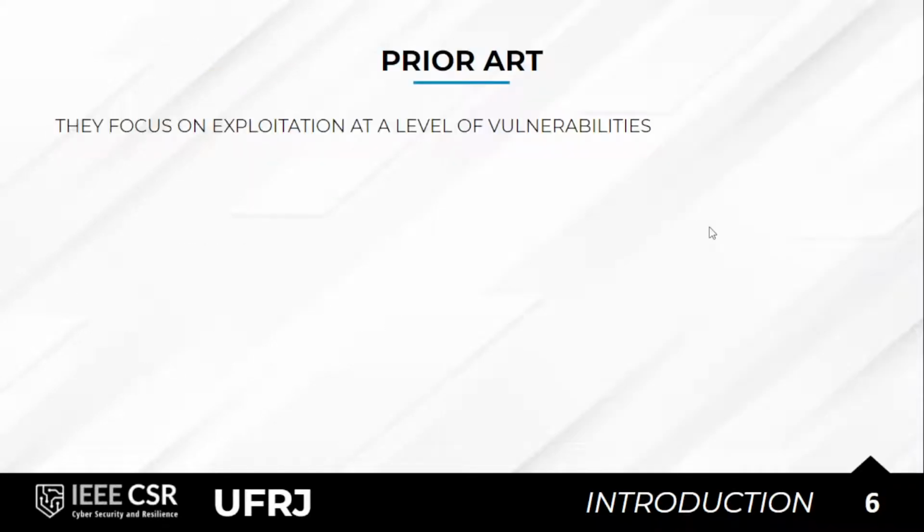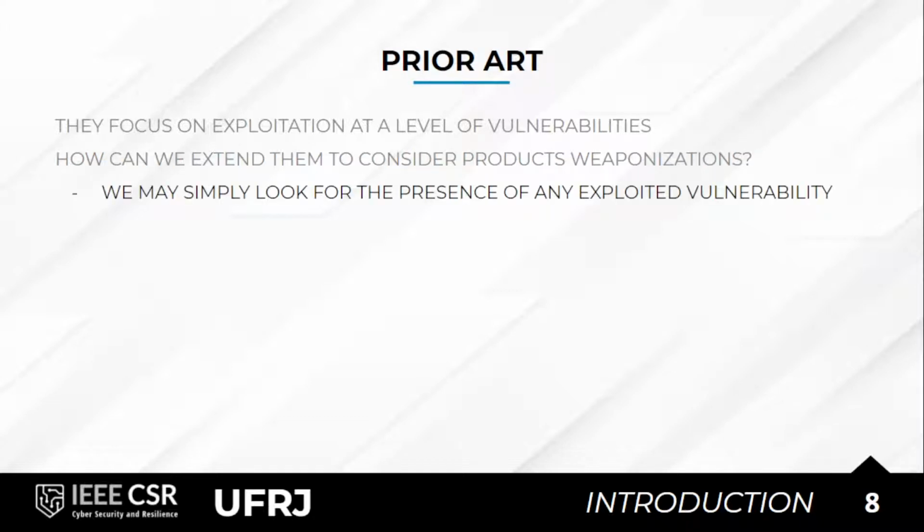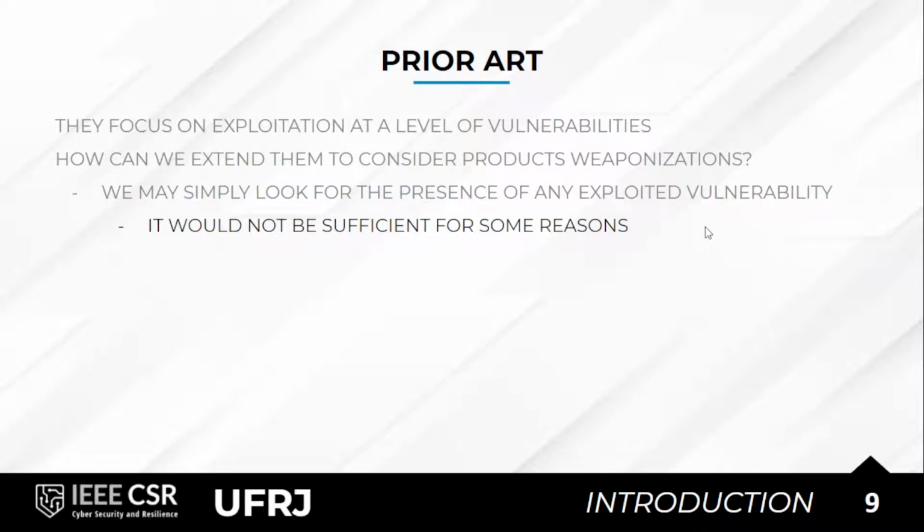In the literature, we can find a number of approaches that are designed to address vulnerability exploitation, but a product-level view is not as studied. So how could we extend these approaches to consider product weaponization? A straightforward solution would be to simply look for the presence of any exploited vulnerability in the products to serve as an indication of this issue, but this is unreasonable due to some factors.